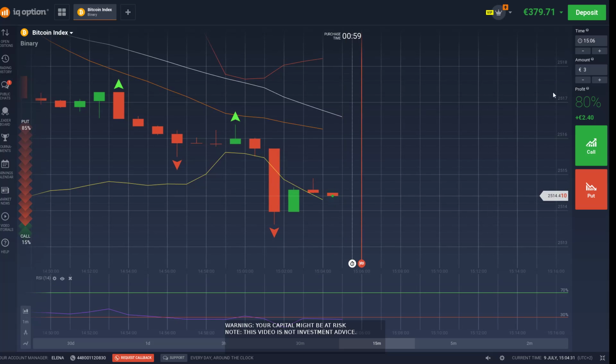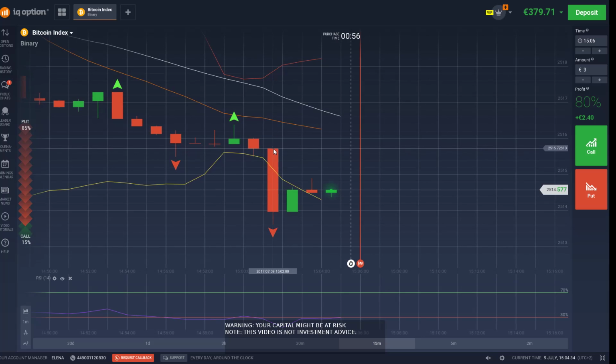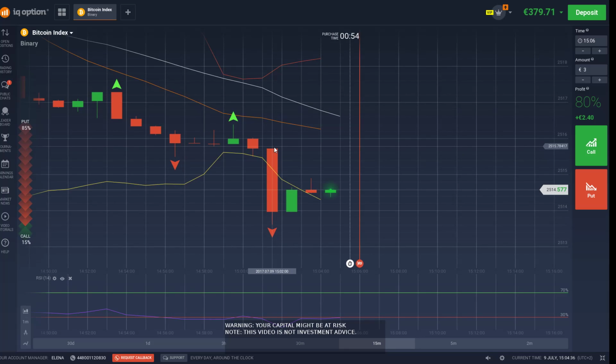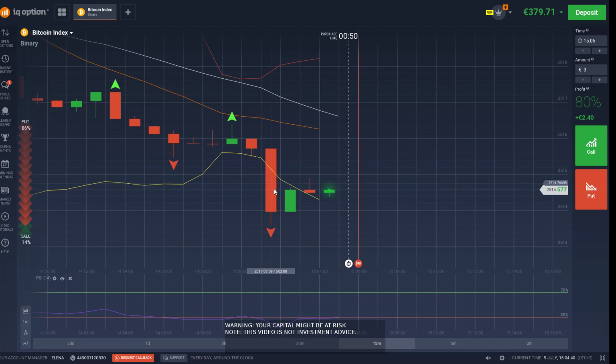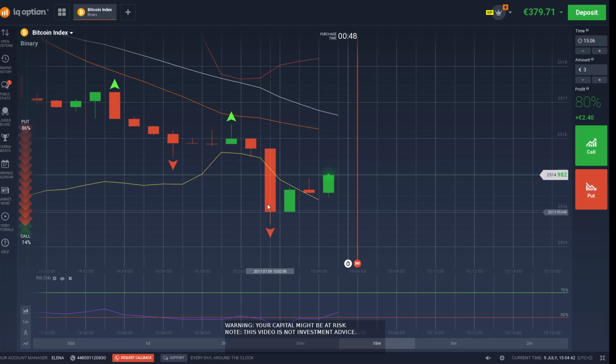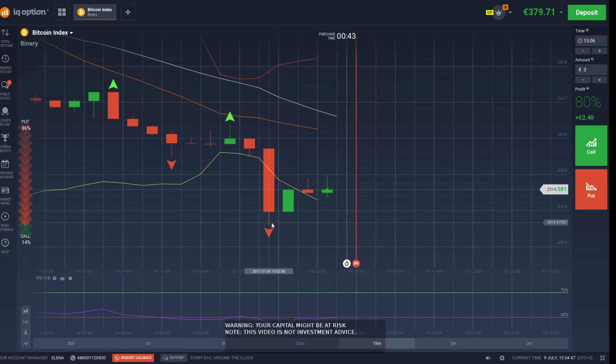If I do a call, it needs to be higher. So for example, if I had bought a 1 minute put at the beginning of this candle, I would have won, because the price goes down and closes here. This is a 1 minute chart, meaning each candle represents 1 minute.